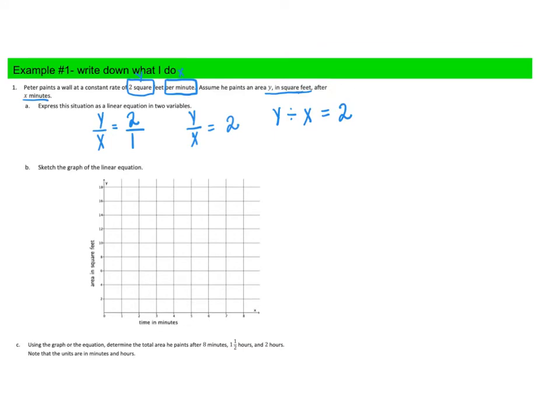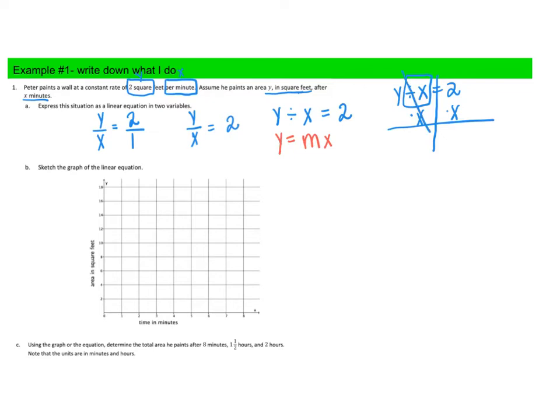So I have my linear equation in two variables, but I want my equation to say y equals mx. So I want the y by itself. Right now, I have my y being divided by x. So what's the opposite of divide by x? I'm going to times by x, and do it to both sides.